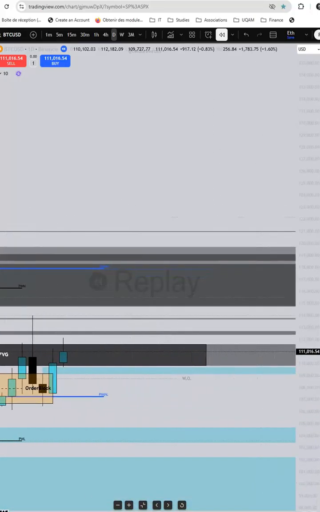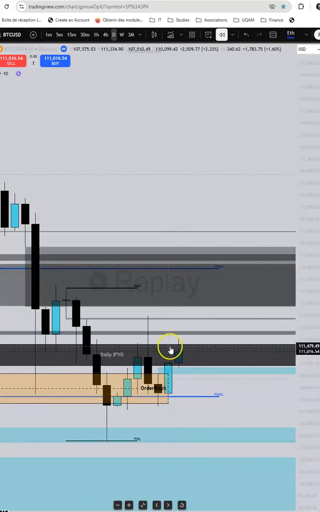As you can see, Friday candle, we took previous day high and we closed above. So I was expecting a bullish day on Saturday. The first thing to expect is to take previous day high. Whether or not we will close above or below will depend on the selling pressure. But I was pretty sure we were going to take this level here.